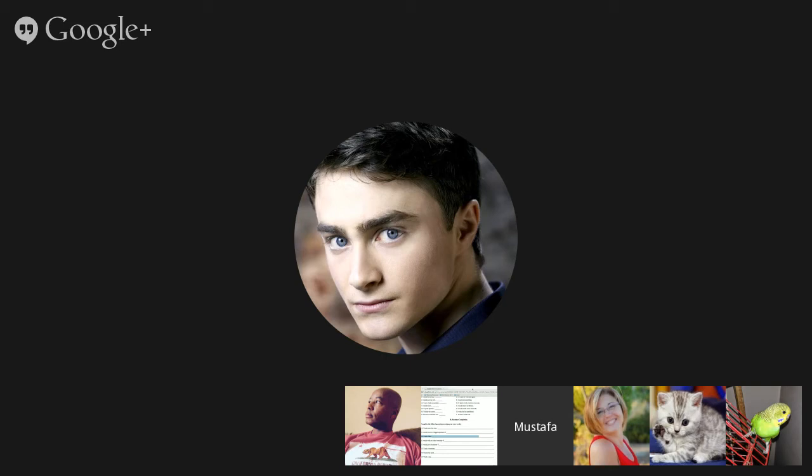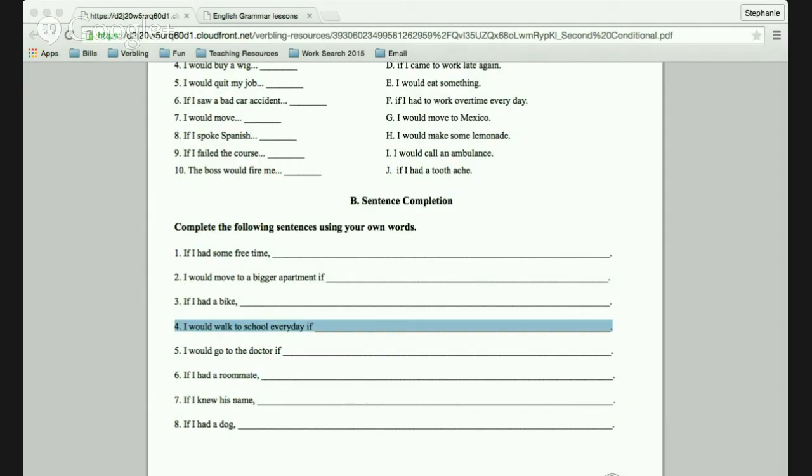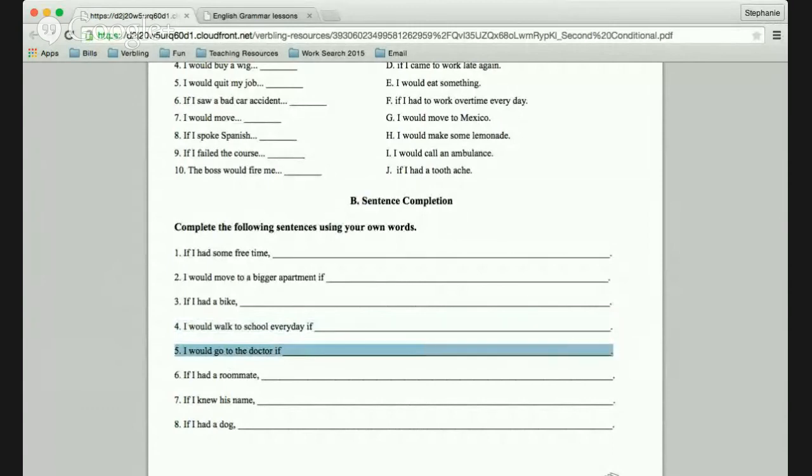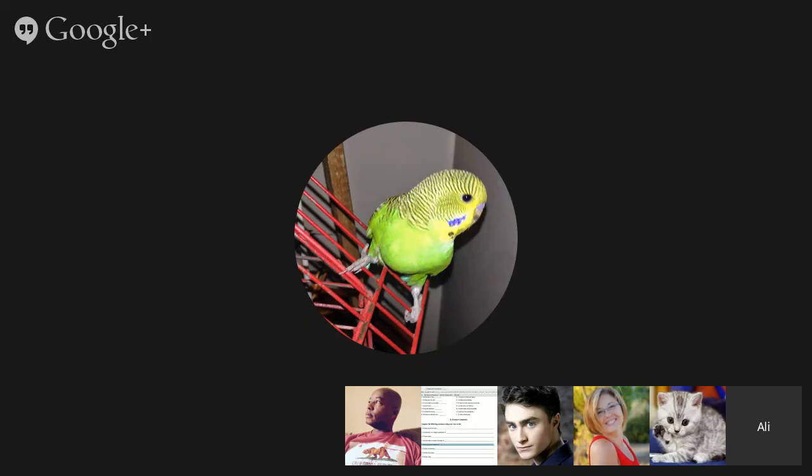Funny. Good. Wellington, number four. I would walk to school every day if I had time. Great. But you don't have time, so you can't walk to school. Excellent.